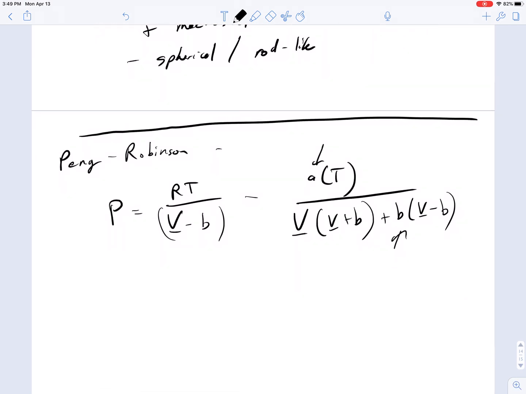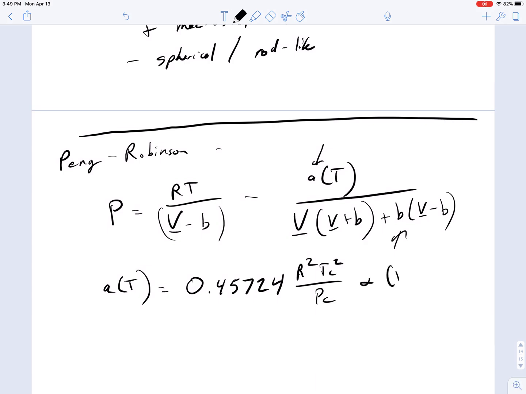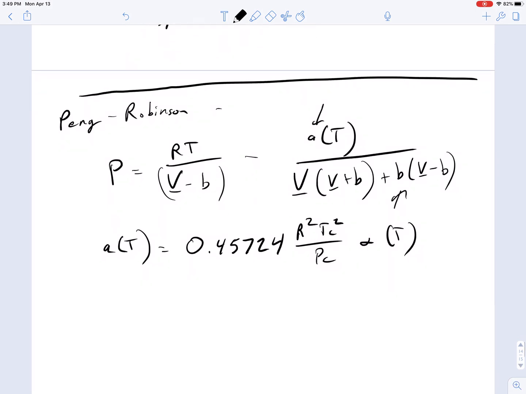Okay? So A is a function of temperature. And this has been shown to have this value, 0.45724 R squared Tc squared over Pc times alpha of temperature. But what's alpha? Well, let's do B first.